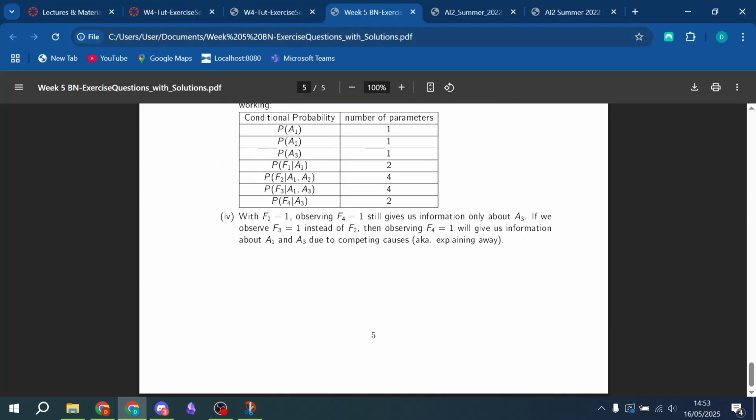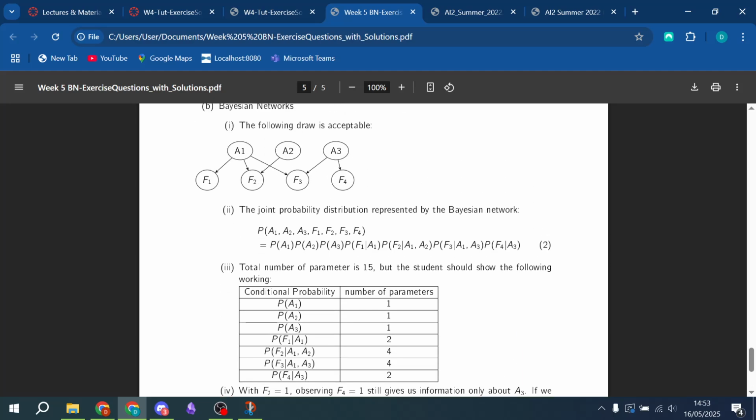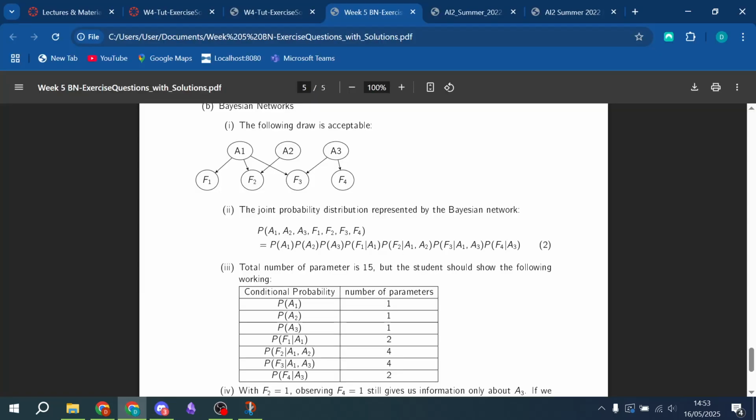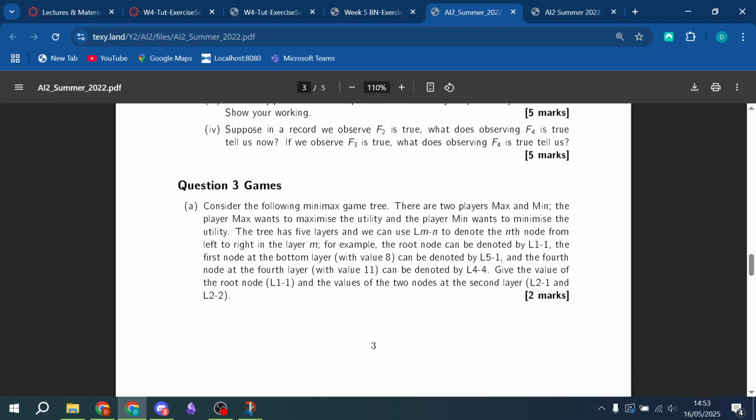What does it say? Is this information about A3? Yeah, I'm not sure. Maybe we will just move on from this.